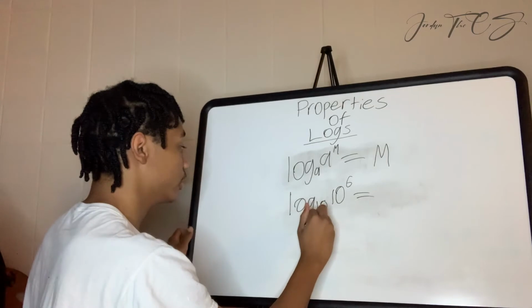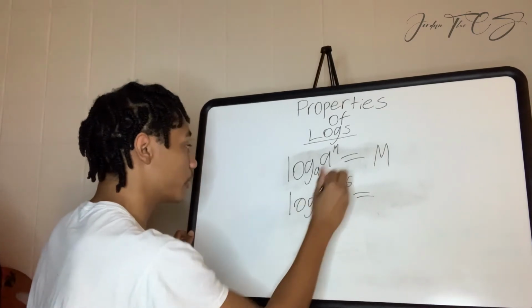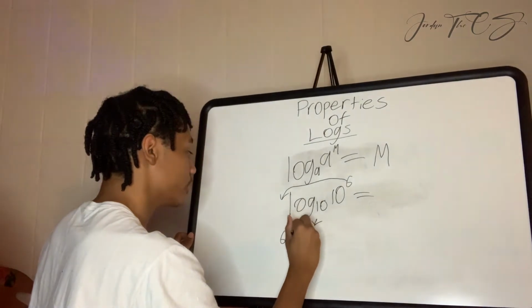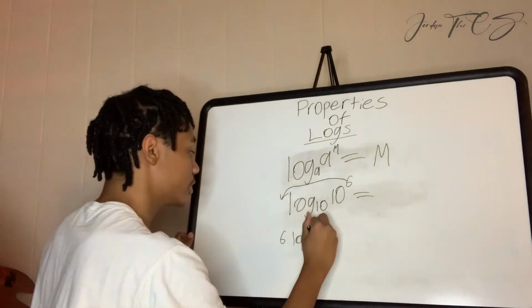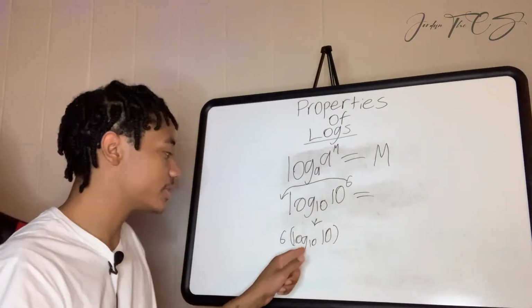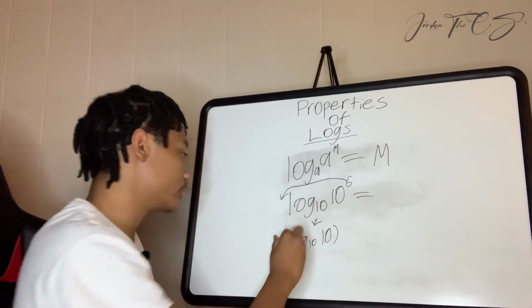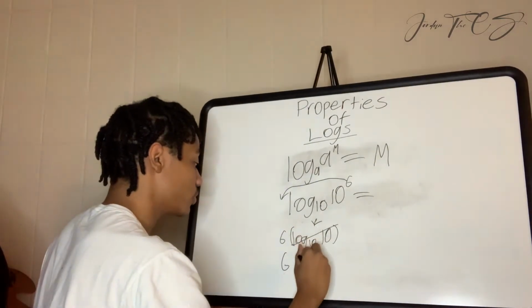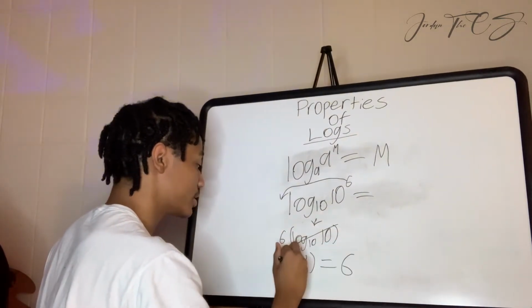So under here, I'm going to bring my 6 to the front. I'm going to have 6 times log base 10 of 10. What's that going to do? It's going to cross out. This is 1. So this is 6 times 1, which is 6.